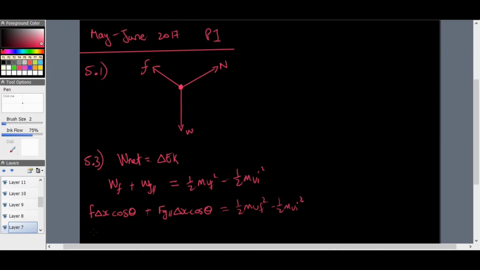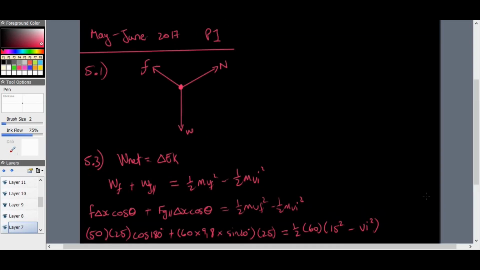They said it was a 50 Newton frictional force, so it's 50 times 25, because it's between P and Q, times cos 180 degrees, plus, of course, mass times gravity sine theta, Fg parallel, so that's the mass, which is 60, times 9,8, times sine of 20 degrees, times delta x, 25, cos theta, so that's cos 0, which is just 1, and that equals half of 60, and I'm going to factor out half m, so half of 60 times VF, which is 15 squared, minus VI squared, which we still do not know.